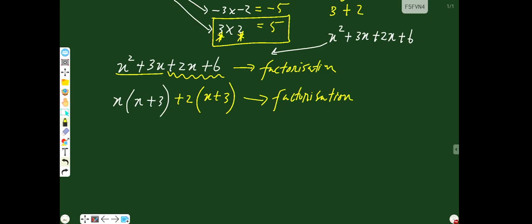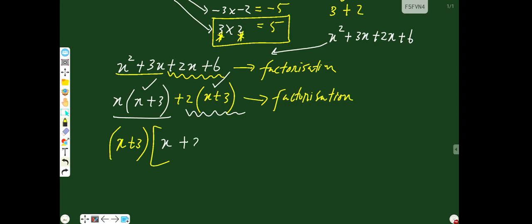Now you take this term and this term. From those two terms, the bracket x plus 3 is common, so you take x plus 3 out. If you take x plus 3 out from here, what is remaining? x. And from here? 2. So that's the end of the game.